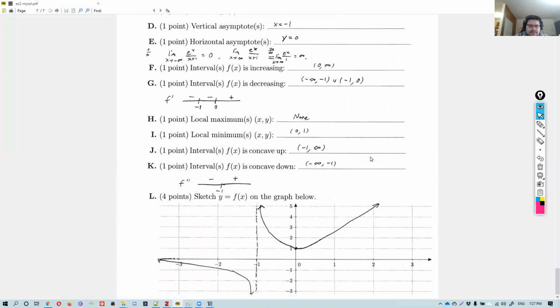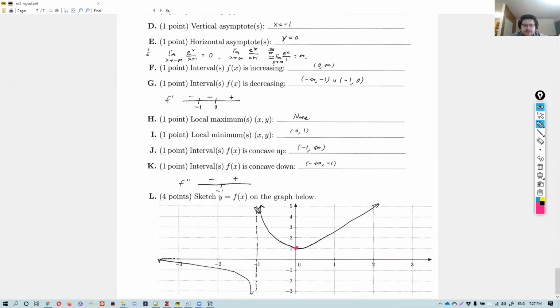Lastly, you try to gather all that data together to sketch the function. So I guess what I'll do is I'll try to do that live on top of the pre-existing graph. The first things that we got from the problem are that we have this point 0, 1.